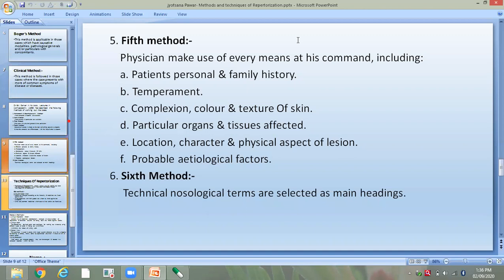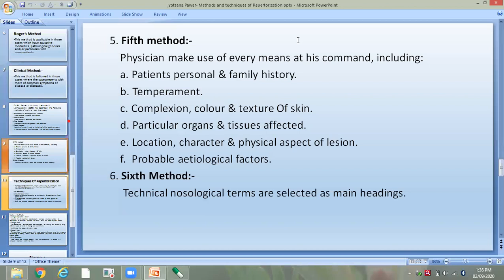When we select such nosological terms as a main heading, as we discussed yesterday, when the pathology is too much advanced, or many times we get only one or two symptoms from the patient related to his disease condition, then at that time, to give temporary relief to the patient, we select the medicine according to his nosological or clinical condition.